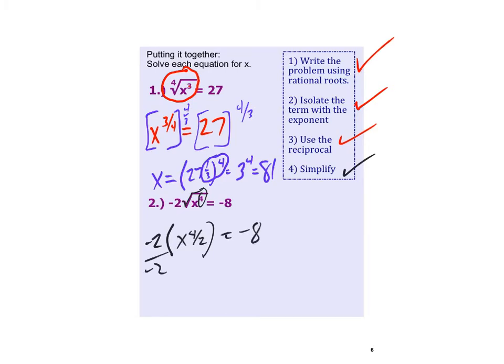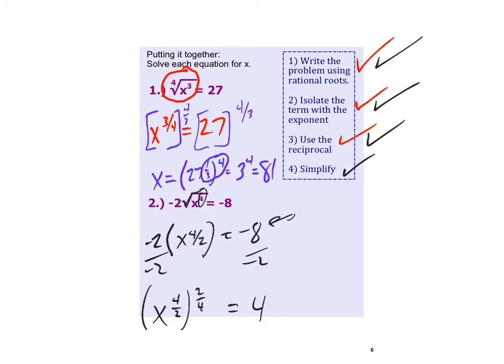I'm going to divide both sides by -2, which is now isolating the term with the exponent. So this first step was the first check. Now I'm going to isolate that term. So I have x to the 4/2, or x to the 2/1. I'll just leave it 4/2 for right now, equals 4. And now I'm going to do step 3, which is the reciprocal, and I'm going to raise both sides to the 2/4.